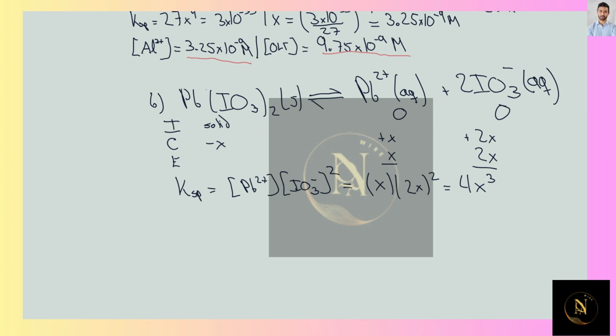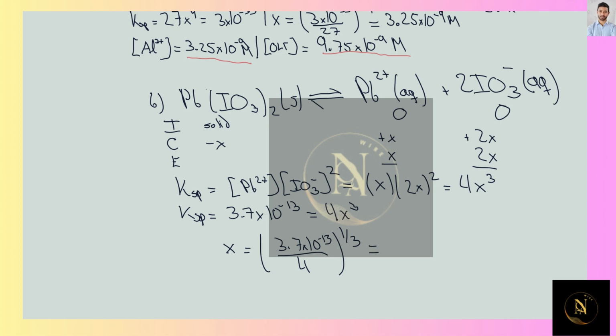The constant that we're given in the problem is 3.7 times 10 to the minus 13. We know that this is equal to 4x cubed. Thus, x is going to be 3.7 times 10 to the minus 13 divided by 4, elevated to the 1/3.